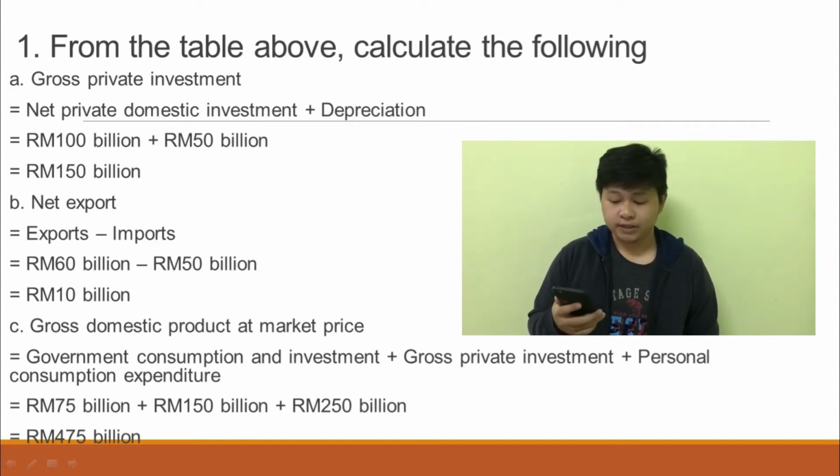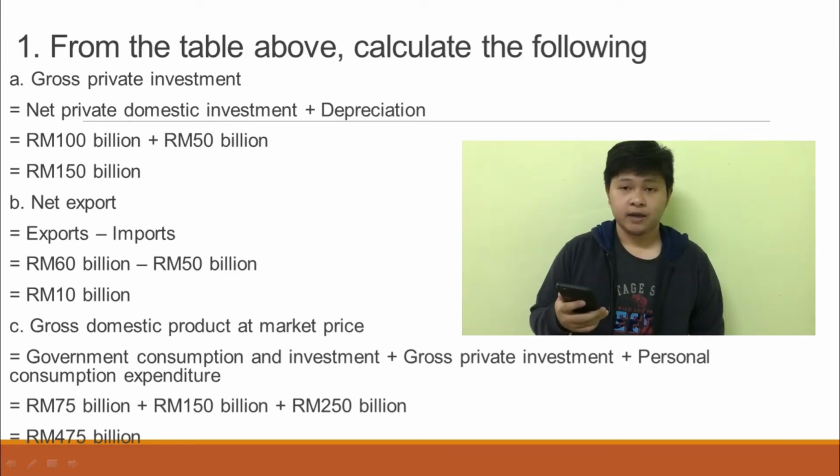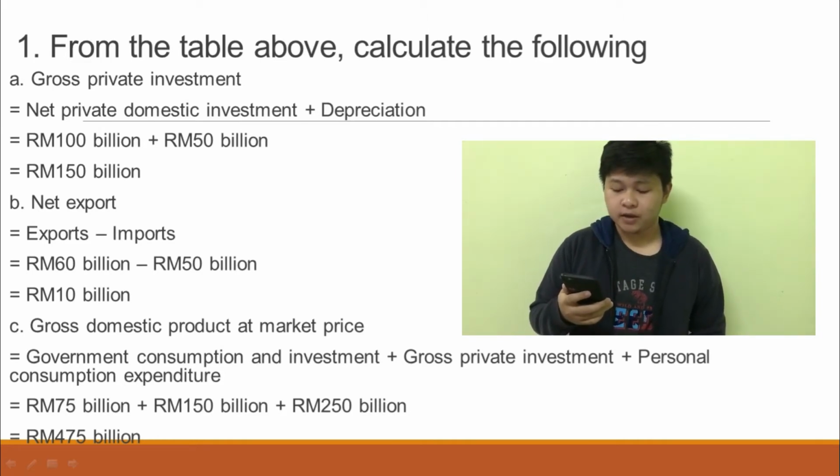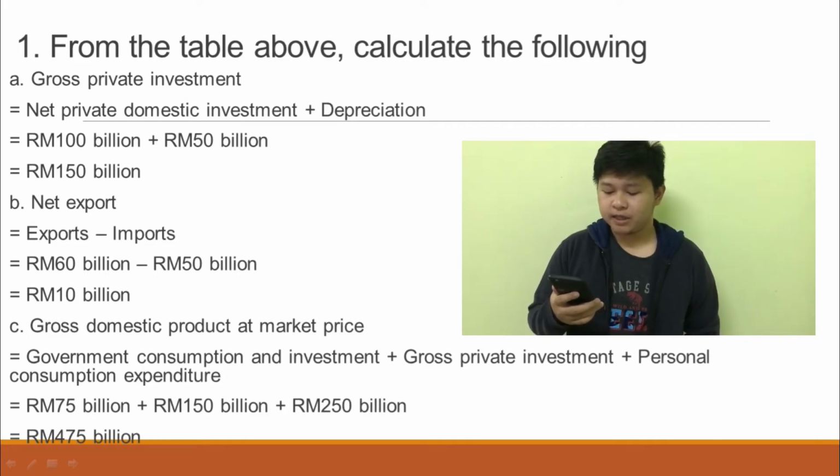Now the third question is the gross domestic product at market price. This is going to take quite a difficult way to find the exact amount. First you must find the government consumption and investment, and then add it to the gross private investment, and then add the personal consumption expenditure.